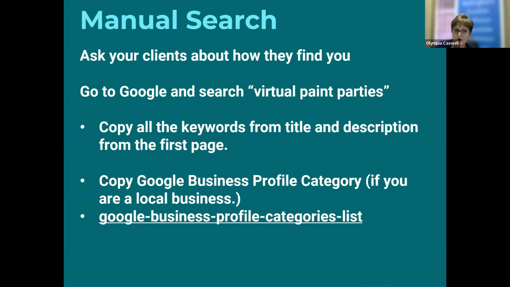And I would also copy the Google business categories. And here I'm going to send you this PowerPoint so you can go to this list and you can find all the categories that are related to your business. Okay. So go to the next page.